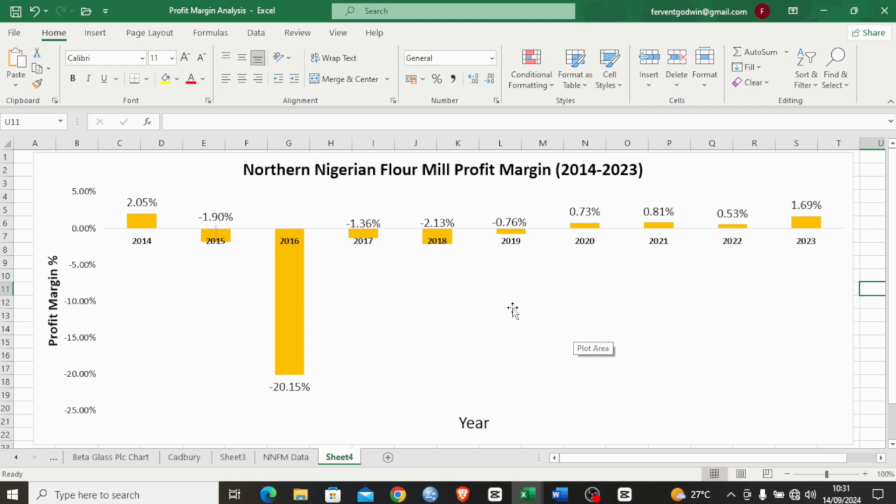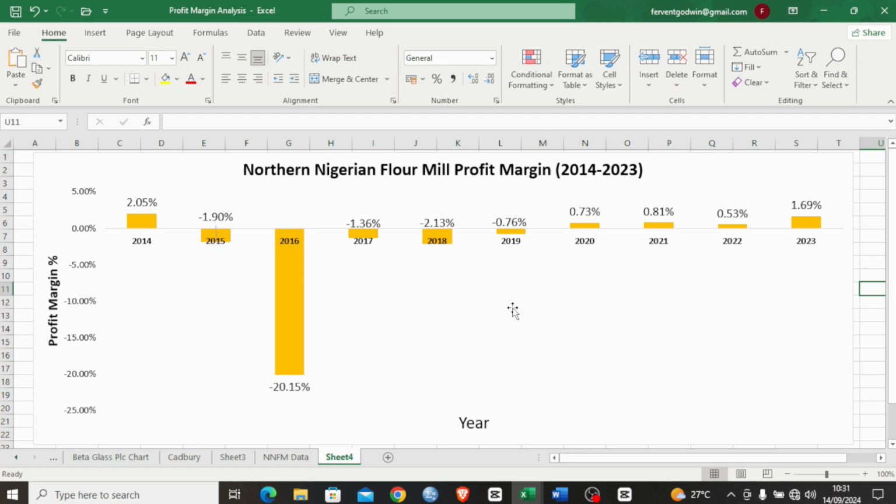This company was established in 1971 as a joint venture between the Nigerian government and a foreign partner. They operate a modern flour mill with a production capacity of 500 metric tons per day, and they produce a range of flour products including bread flour, pastry flour, and confectionery flour.